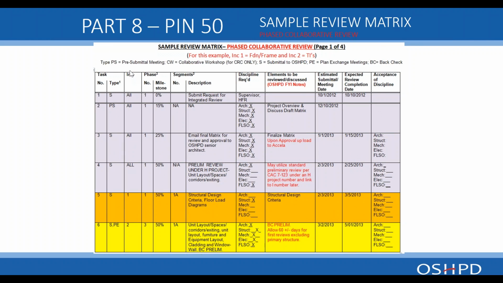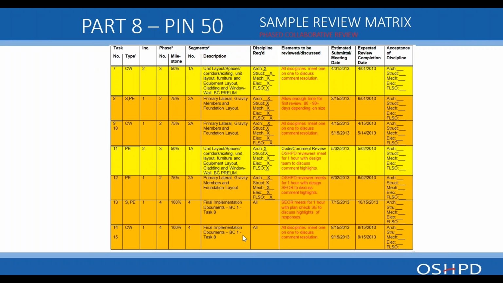So going back, this review, we expect to go from March 2nd to May 1st. And typically, collaborative workshops are scheduled maybe once a month. So in the matrix, we scheduled a collaborative workshop for increment 2 in the 1st of April.